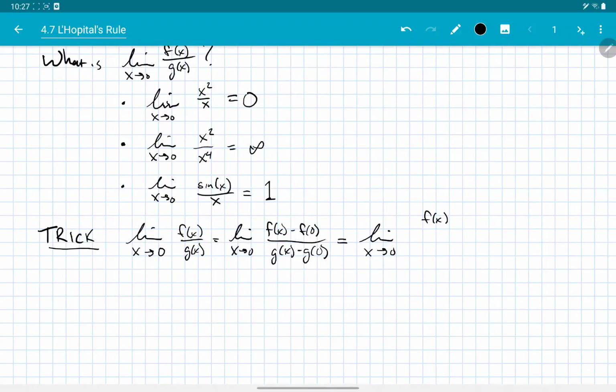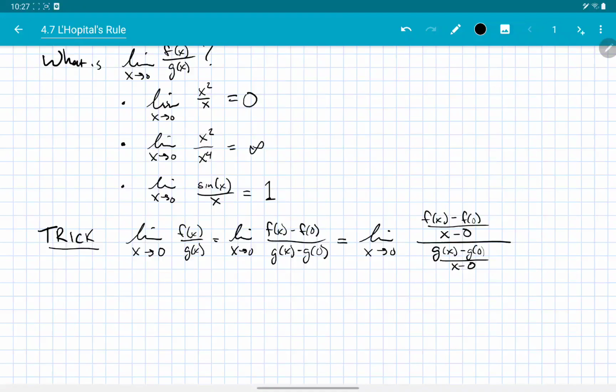We're going to divide the numerator and the denominator by x. Right, we're dividing the numerator and the denominator by the same value, x, and I'm writing x as x minus 0 for a certain reason, which might not be apparent, but certainly x and x minus 0 are the same thing.